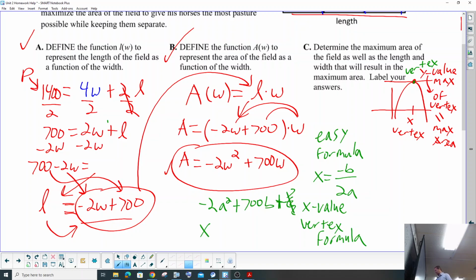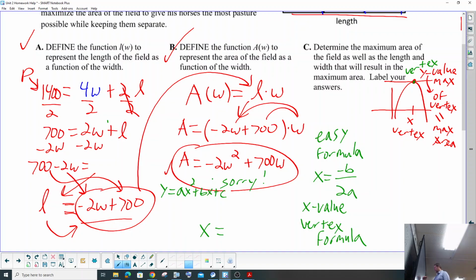What the? Sorry, it's been a while since I taught this. Let's try it again. Our formula for standard form is ax squared plus bx plus c.